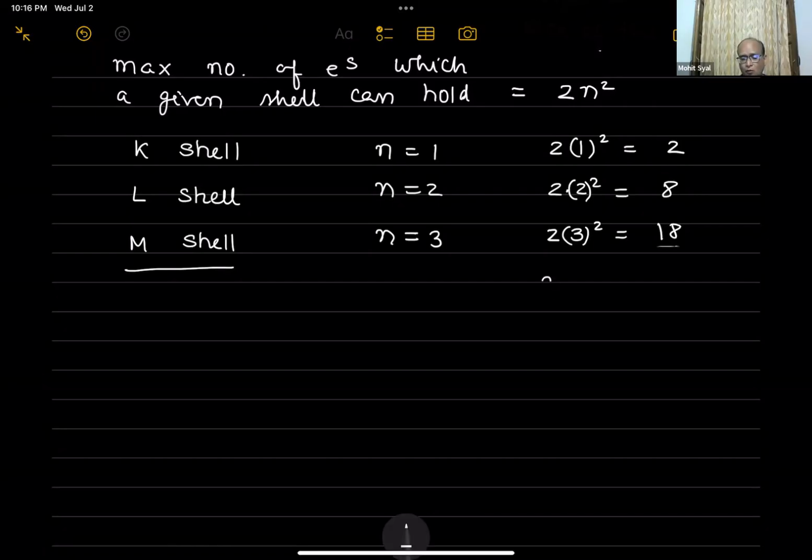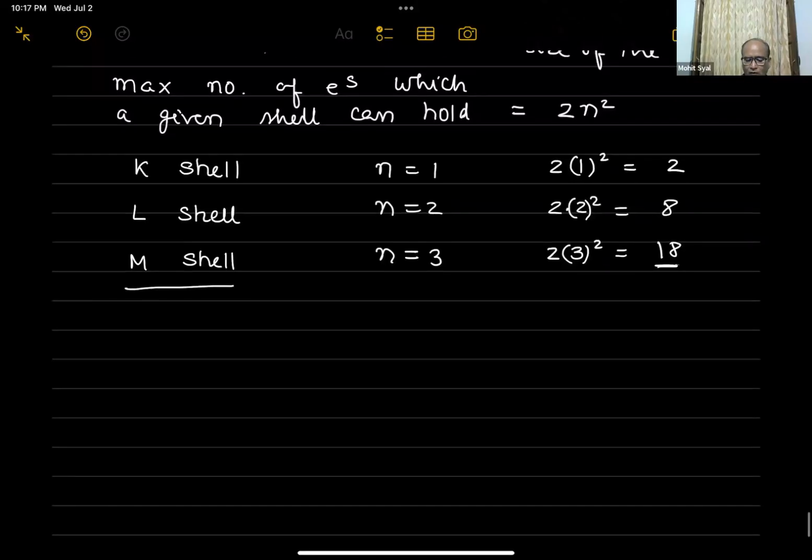Because there are 18 electrons, for each electron it is not a simple dot. It is just a whole electron cloud. Is that clear or not?